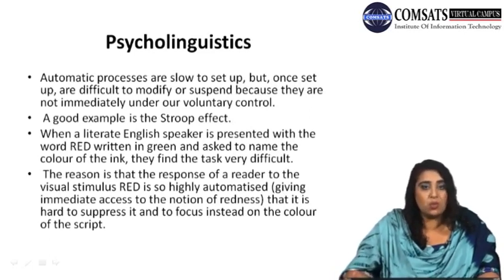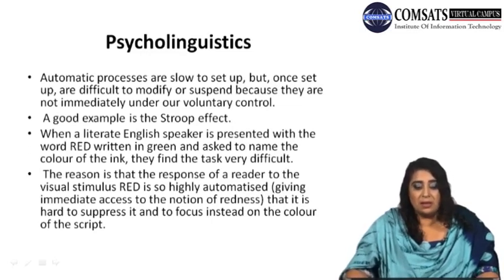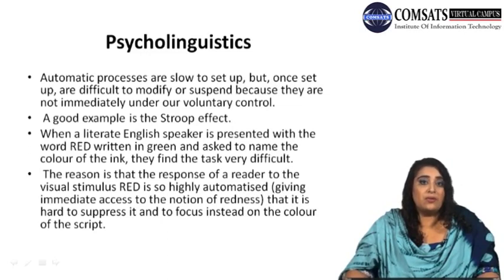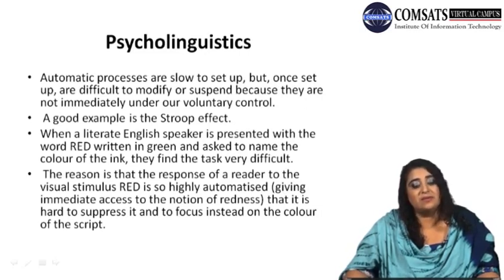We can't voluntarily control what our automatic process is doing. A good example is the Stroop effect. When a literate English speaker is presented with the word red written in green and asked to name the color of the ink, they find the task very difficult.